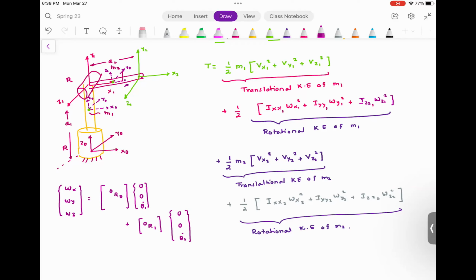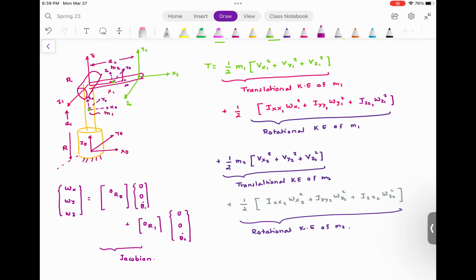Are you with me? So we have found the value of omega x, the value of omega y, and the value of omega z. Are you with me so far? So we have to use this. Once we expand, we get something called the Jacobian. And we use this Jacobian to solve the problem.